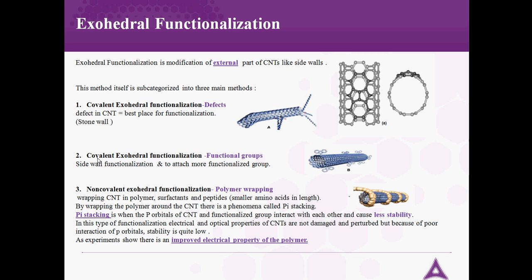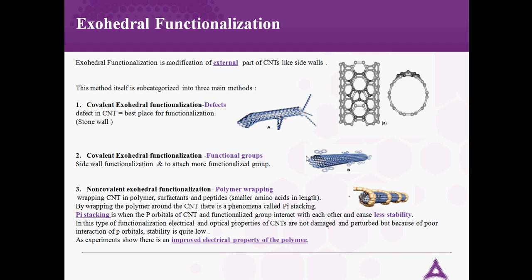The second group is covalent exohedral functionalization, where we can attach functionalized groups. They're mostly used in bio applications, such as microorganisms, biomedical groups or carboxyl groups, depending on the chemical group.